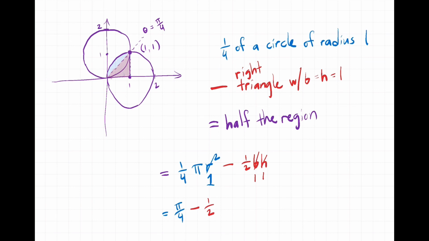So guess what? We already solved an integral to find the area of that blue little banana shape there, that half of the region that we want. And that integral gave us pi over 4 minus 1/2. But it turns out we could solve this by geometry alone. And our total area is again twice that.